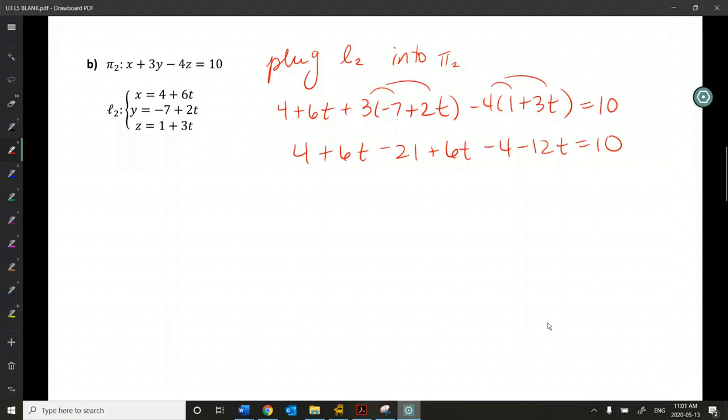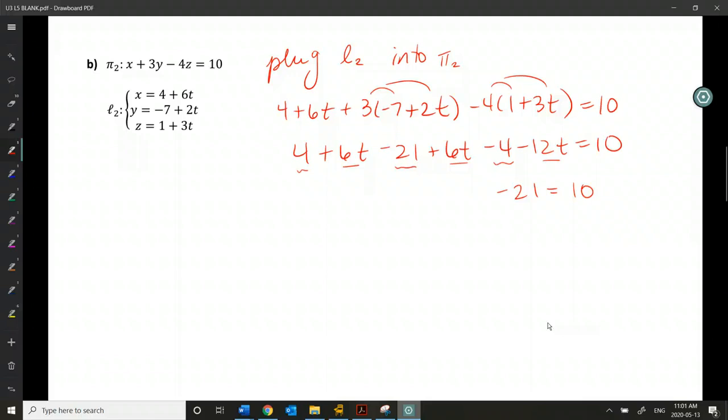So this is what you should get. And then we're just gonna gather all of our like variables here. So you might notice that you have 2 positive 6t's and a negative 12t. That's actually gonna give us 0. And then we have 4, negative 21, and negative 4. So what we're going to end up here with is negative 21 equals 10.